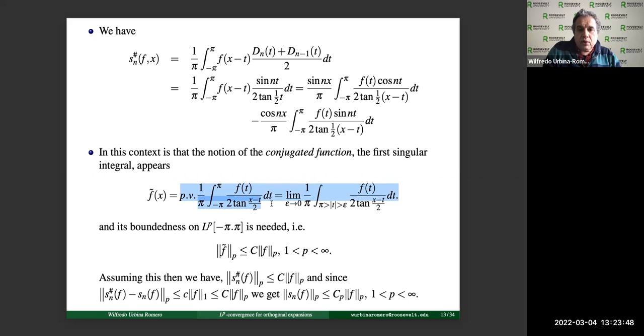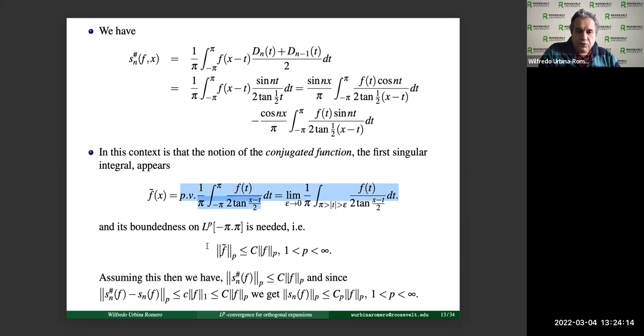And this is what is called the conjugate function, which was the first singular integral that appears. If you want to prove the L^p result, you need to prove that this guy is L^p bounded. If you can do that, then you can control this function and this function. This is bounded by 1, so bingo.